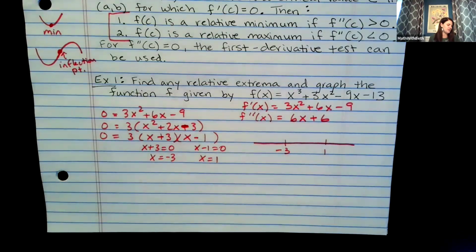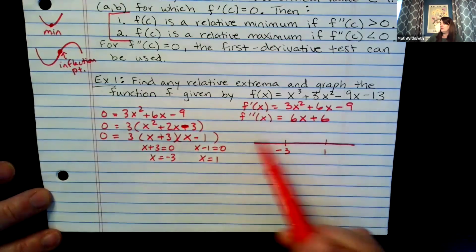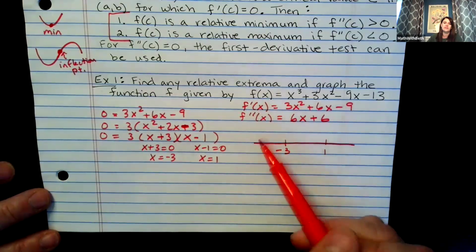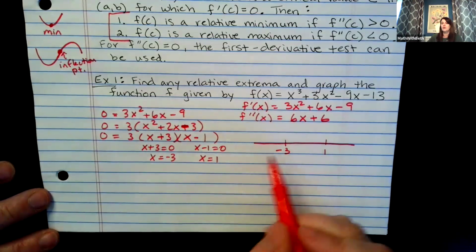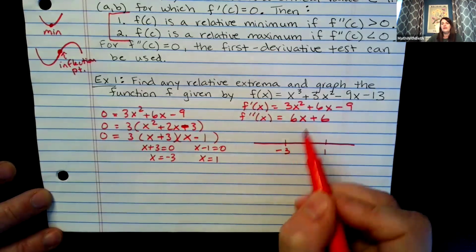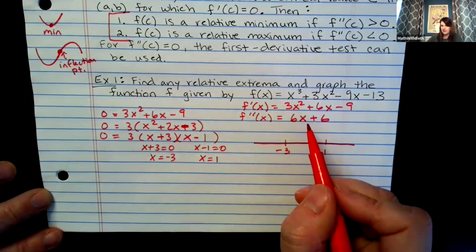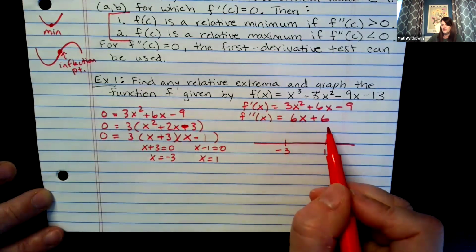One way to find out if those are max or mins is to plug something here, and something here, all into the first derivative to see where it's increasing or decreasing. But another way is to plug the critical points into the second derivative and see what's happening. If I plug -3 into my second derivative, I would get -18 plus 6, which is -12.